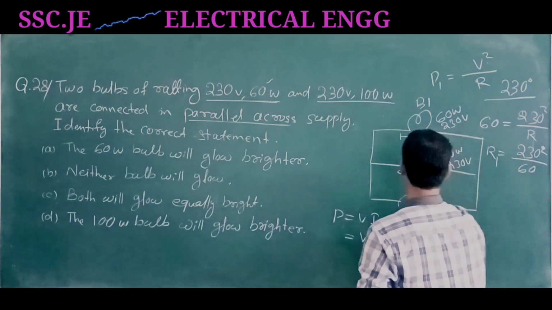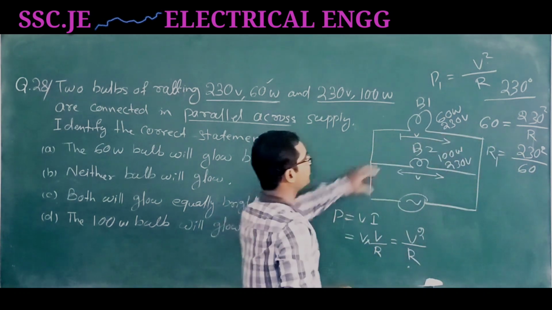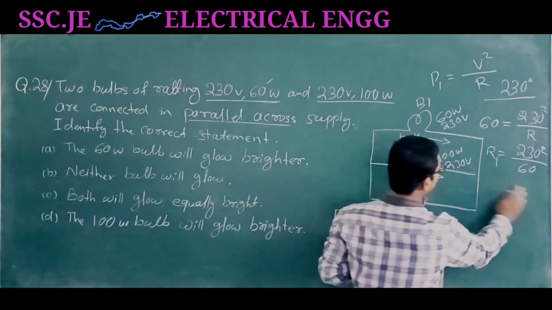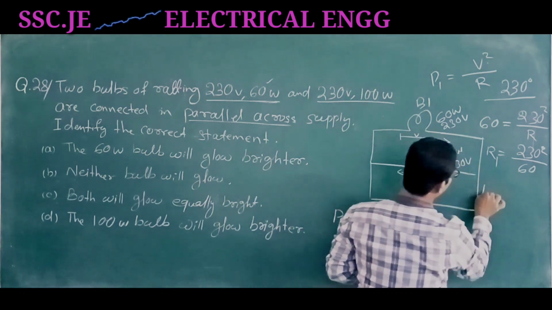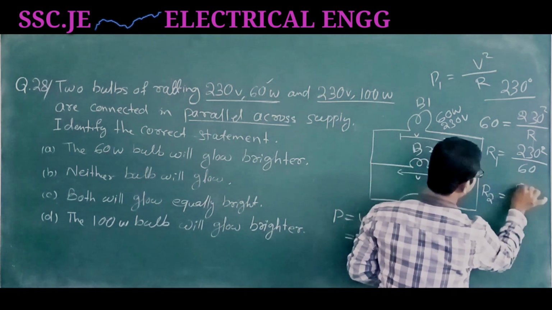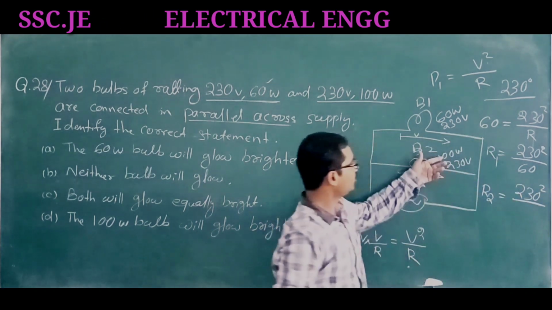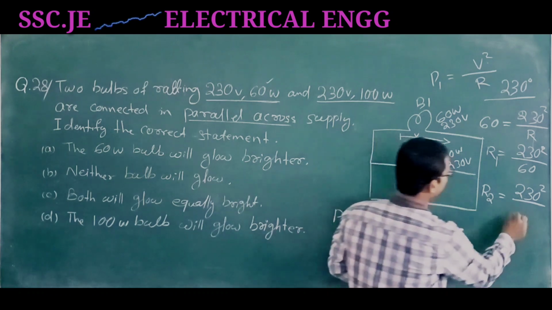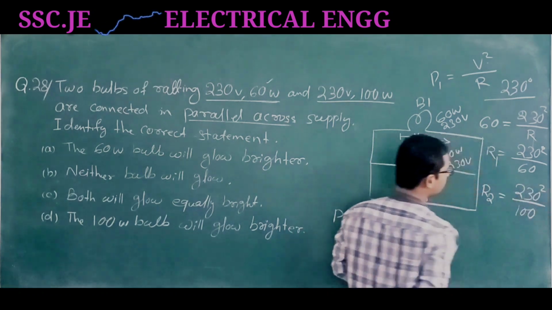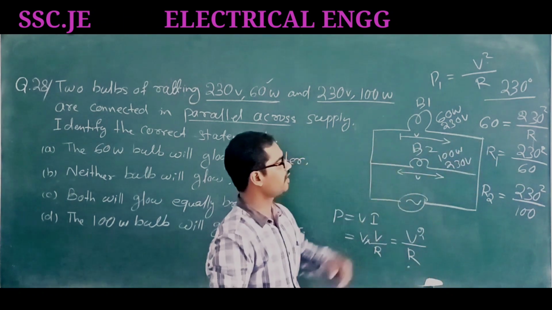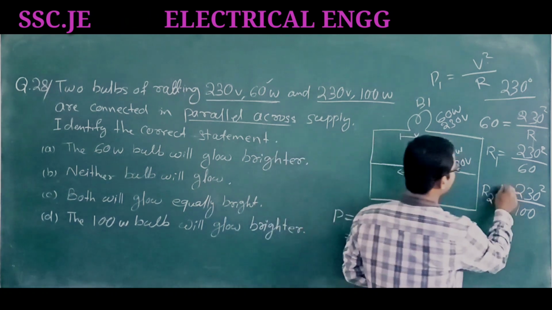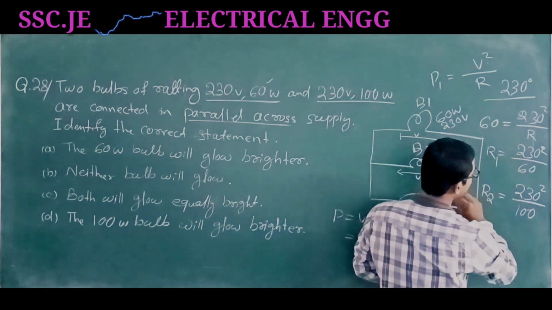Let it be R1 for bulb 1. Then for bulb 2, R2 is again 230 square by the wattage of bulb 2, which is 100 watt.